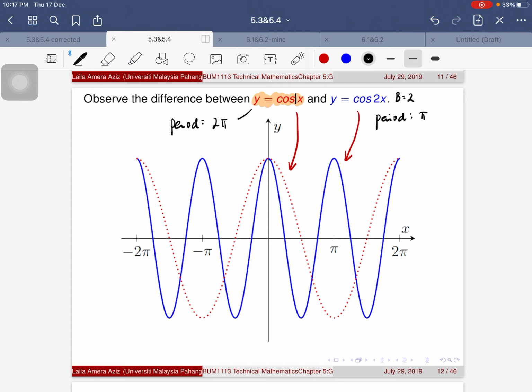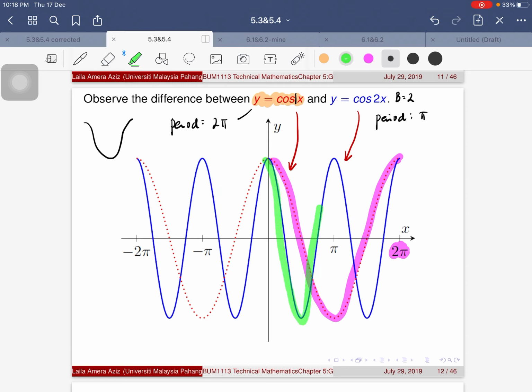So if you notice, remember the shape, of course, this is going to be one period. That is how one period should look like. And for the case of the red function, y equal cos of x, it's going to stop when it covers from 0 until 2 pi. And of course, for the case of y equal cos 2x, one curve is going to be only from 0 until pi.